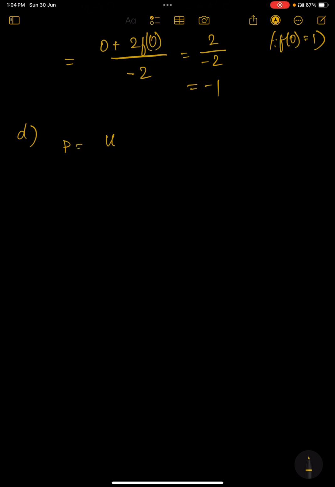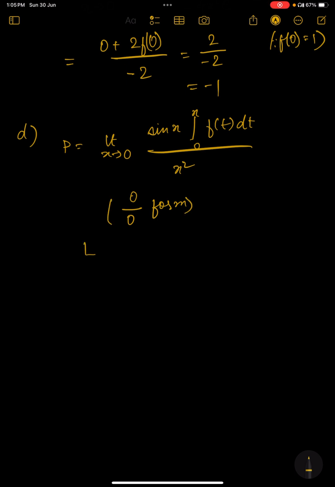Now going ahead finally to option D, we examine the limit given to us. Suppose now I call this limit P: limit x tends to 0 of sine x integral over 0 to x f(t) dt by x square. So this is in the 0 by 0 form. So we'll apply L'Hospital's rule.